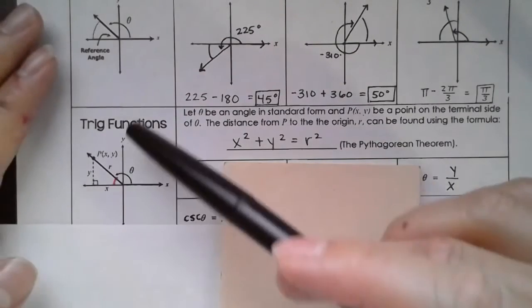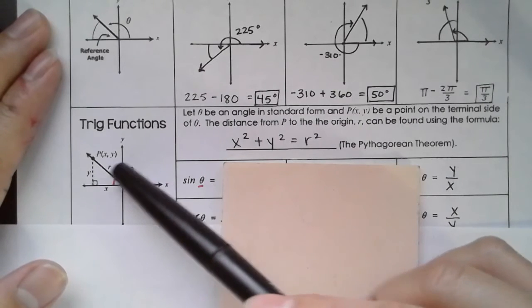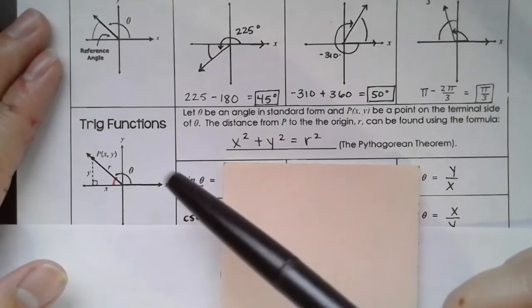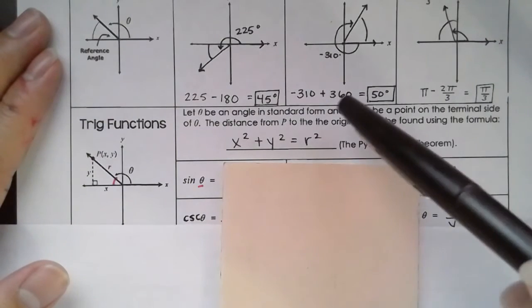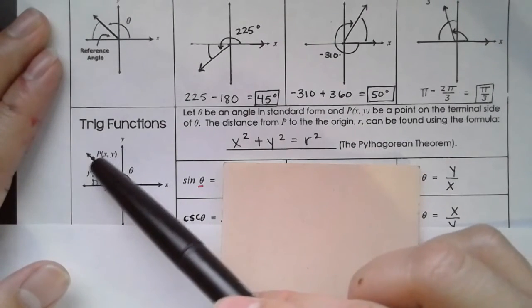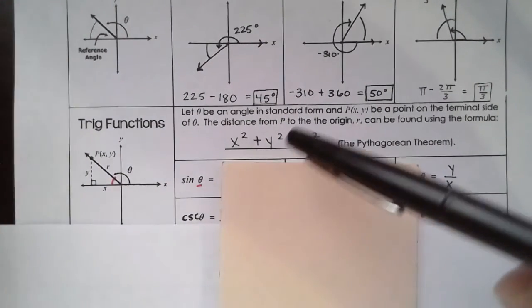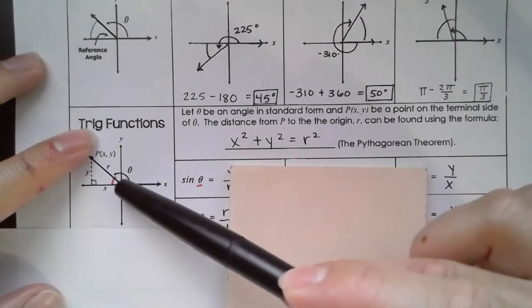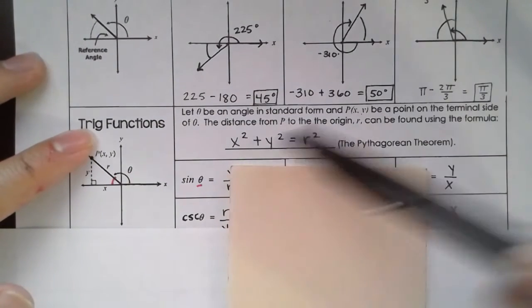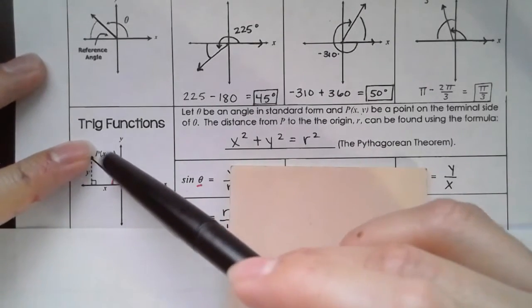So in my little diagram here, I have an angle being formed, opening from theta. Here's my initial side, here's my terminal side. P is on the terminal side, so it's right here. The distance from P to the origin can be found using this formula. Now, why this formula? Well, it's just like plotting.